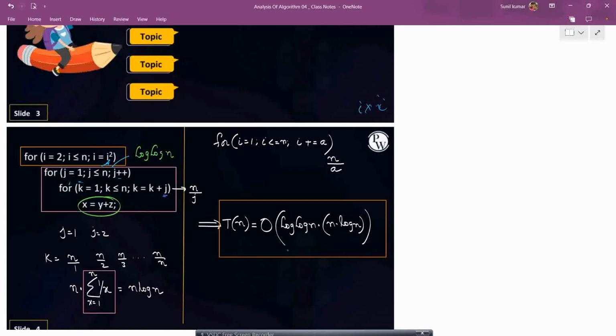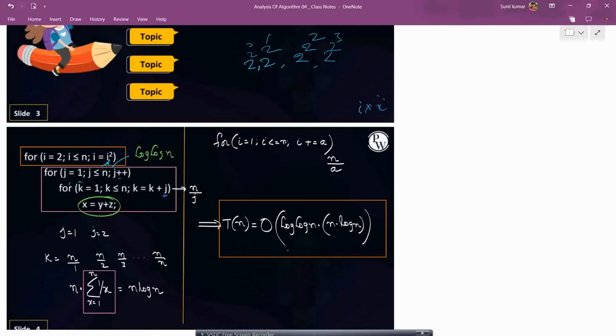What values can i get? It is 2, then 2 to the power 2, then 2 to the power 2 to the power 2, then 2 to the power 3.